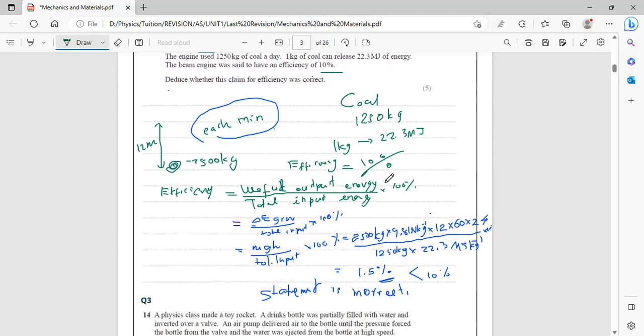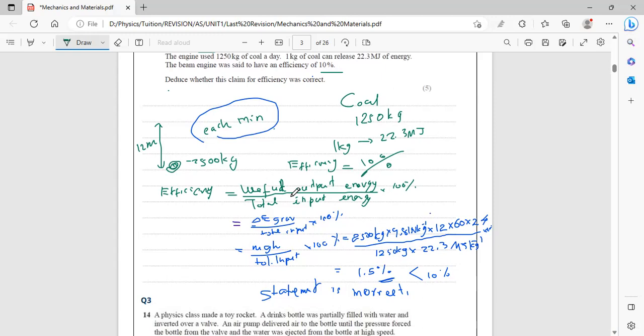Now, since we are supposed to find the efficiency, we use the efficiency equation. Efficiency is equal to useful output energy divided by total input energy into 100%. In this case, there are some conversions to be done because we need to bring the amount of energy to energy per same duration.